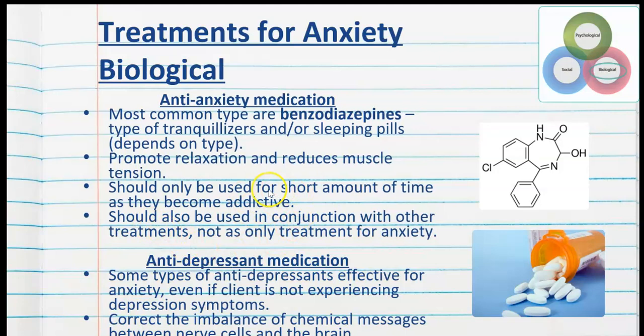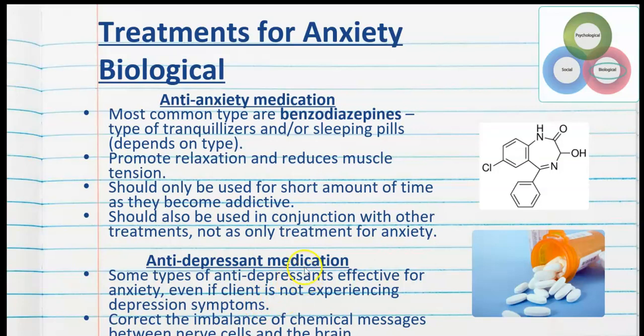Because we're seeing a lot of issues with benzodiazepines becoming addictive and also not interacting well with other medications, leading to things like accidental overdoses, the more common medication for anxiety is now antidepressants. Some types of antidepressants are effective for anxiety, even if the client is not experiencing depressive symptoms. As we know from my previous video, these help to correct the imbalance of chemical messages between the nerve cells and the brain.